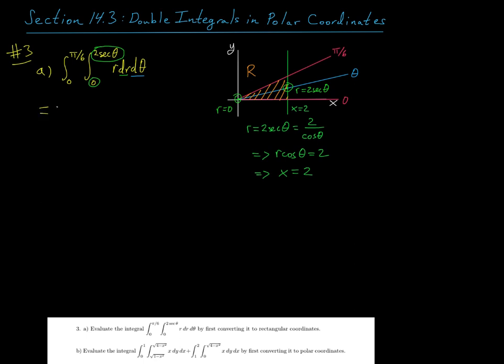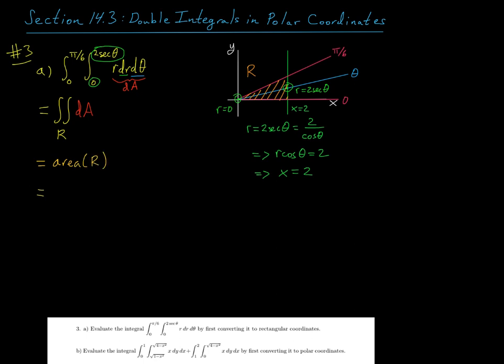So now this integral is the double integral over the region R of what? Well, r dr d theta is just dA. So we're in fact just integrating dA over the region R, and we know from sections 14.1 and 14.2 that this is nothing other than the area of the region R.